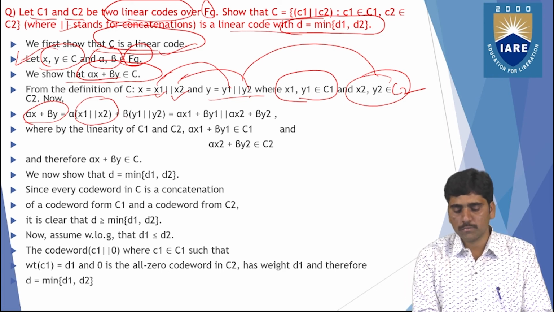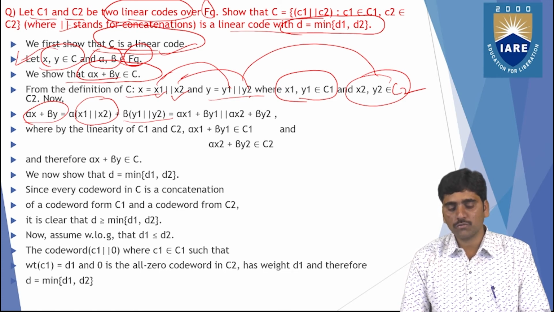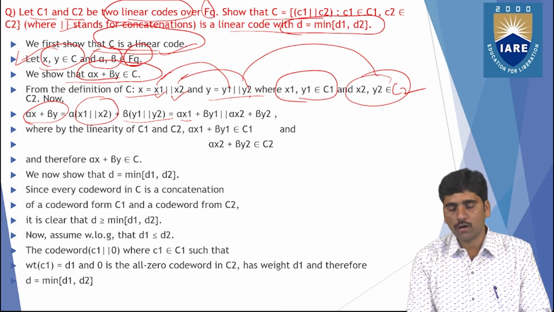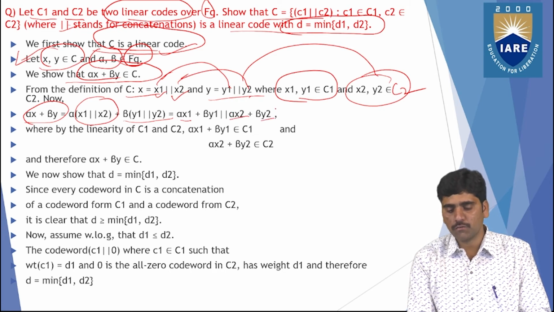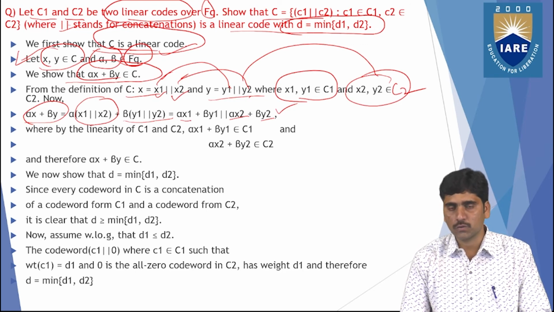And similarly plus beta of y, so beta of y means y1 or y2. From those two statements we can elaborate it as alpha x1 plus beta y1 or alpha x2 plus beta y2.